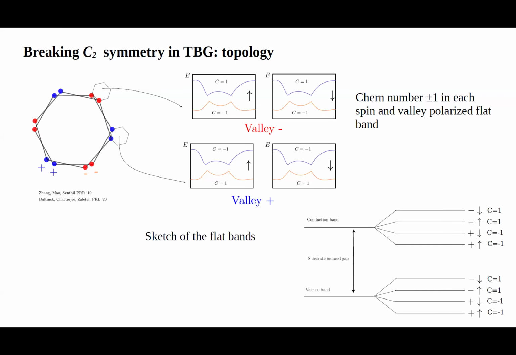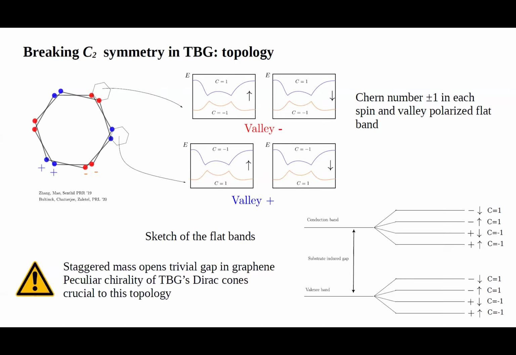So if I make a sketch of the flat bands and the different bands that we have, including all their degeneracies, I have a conduction band and a valence band with a substrate-induced gap, which may or may not be present. If there's no alignment, this gap would reduce to 0. And in total, I have 8 bands, which are either Chern 1 or Chern -1.